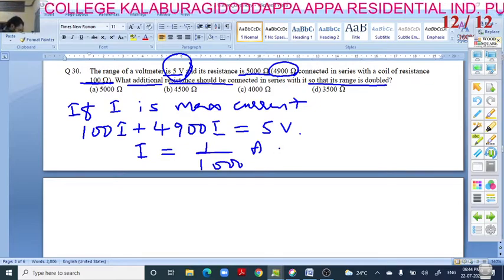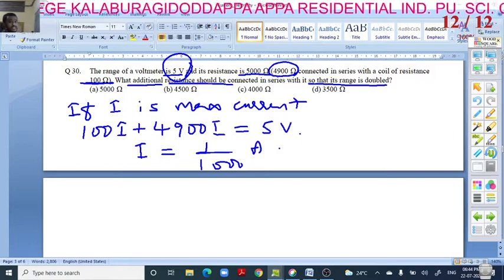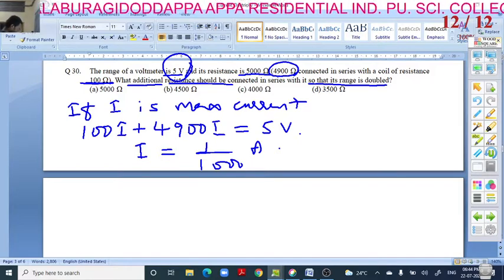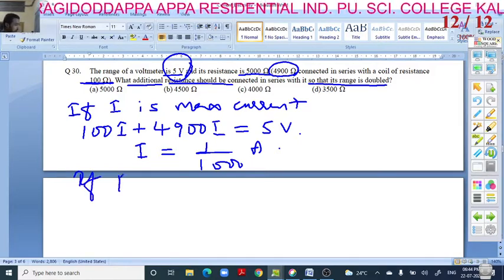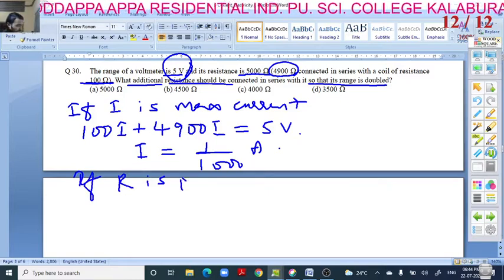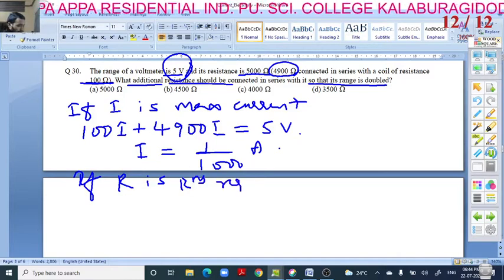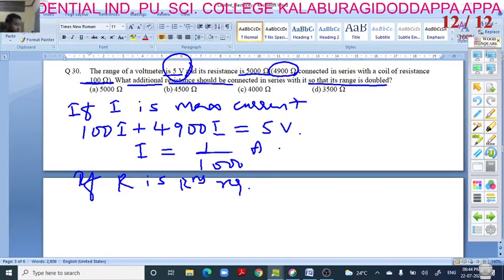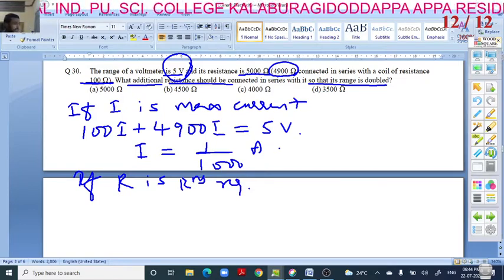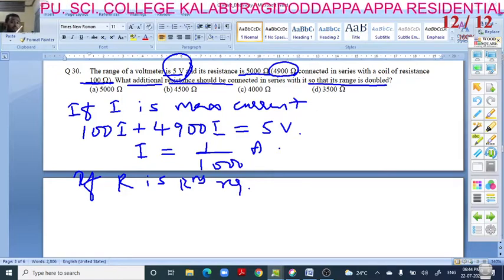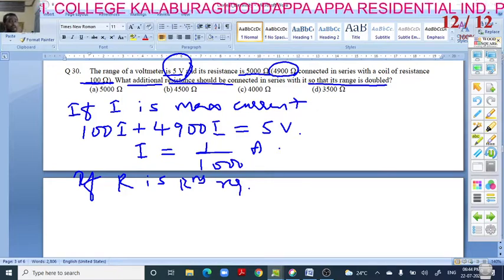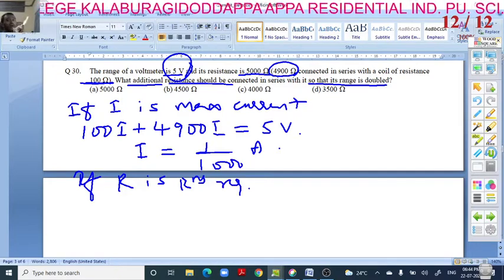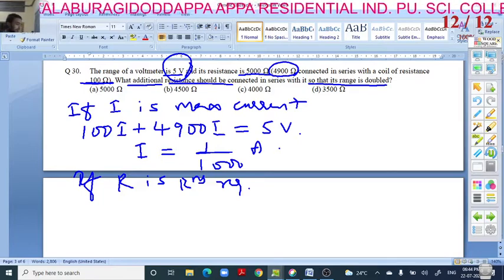Okay, then what is the resistance required? If R is the resistance required, then now I will write: by connecting the value of R, the additional R, the total resistance becomes R dash.